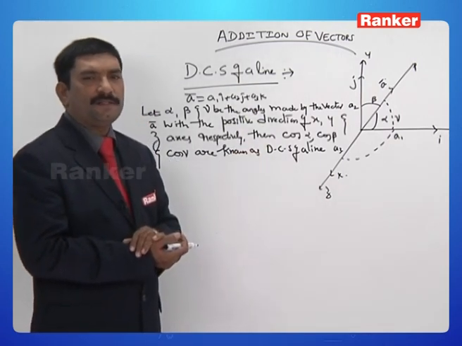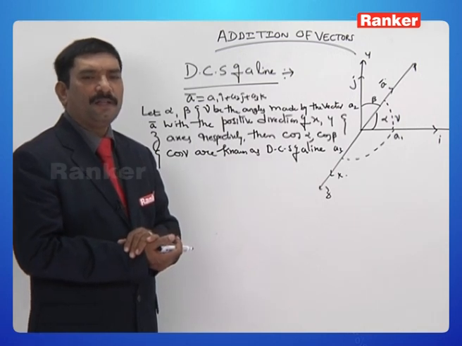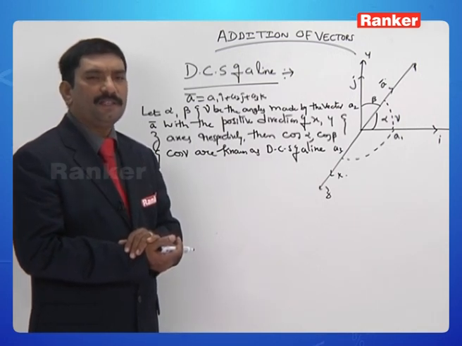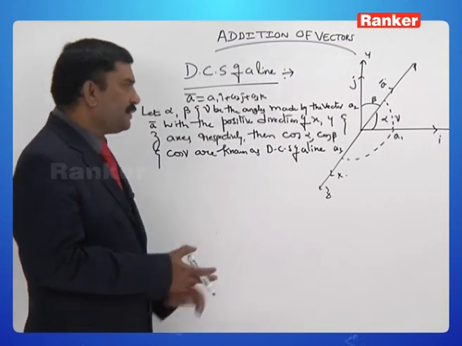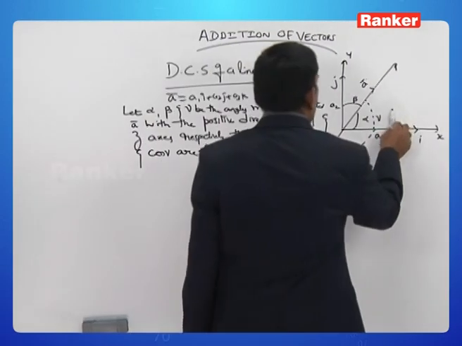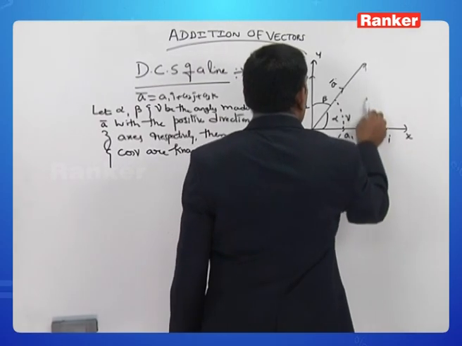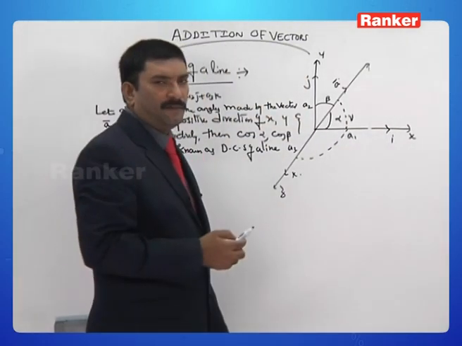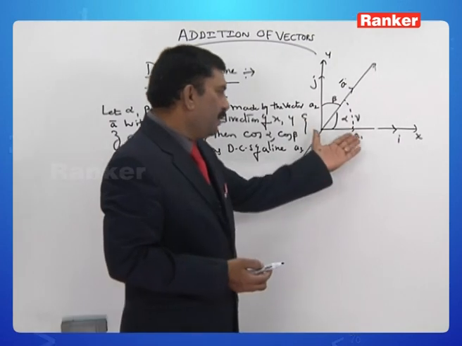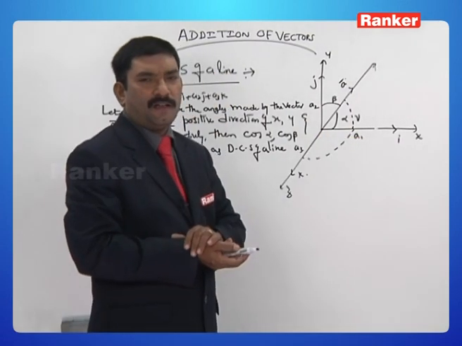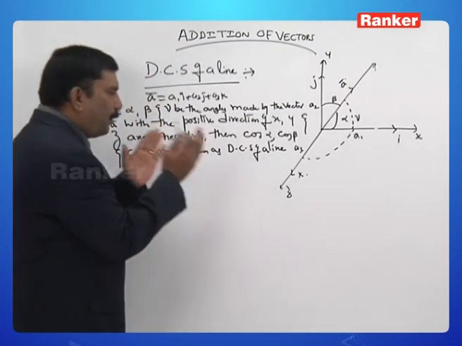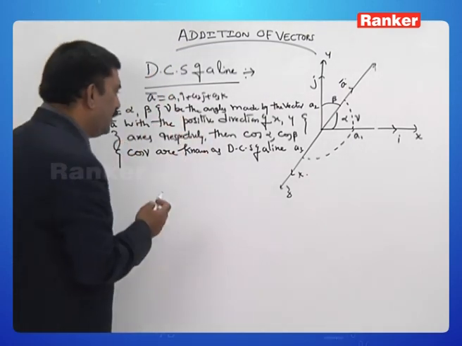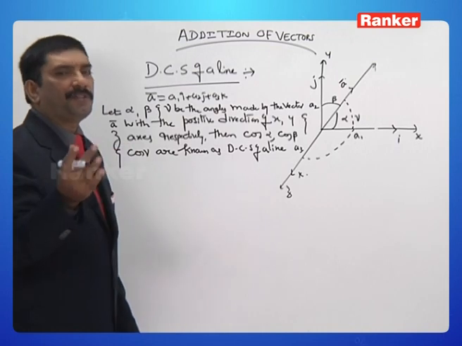Then cos alpha, cos beta, cos gamma are known as the DCs of a line, the direction cosines. If I construct a triangle here, it is comfortable to apply cosine of the angle as adjacent side by hypotenuse. One triangle I can show comfortably; you have to understand the others in a similar fashion.